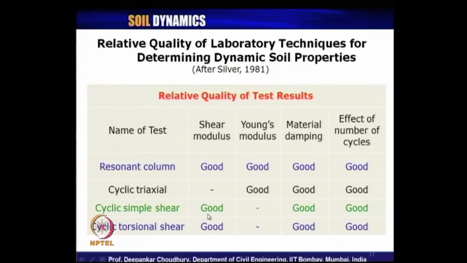In cyclic simple shear, shear modulus is measured directly, that is good, material damping is also good and number of cycles is good. In cyclic torsional shear also we can directly get the shear modulus and material damping, and the effect of number of cycles is also good on the test.